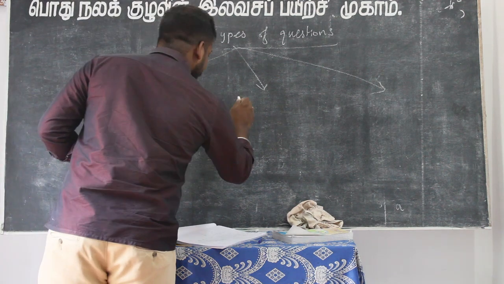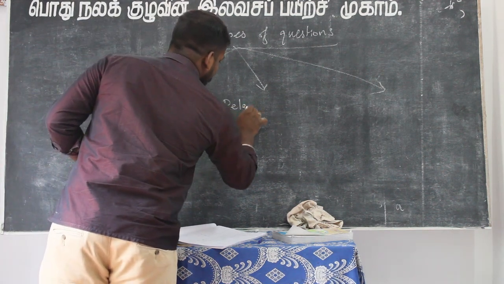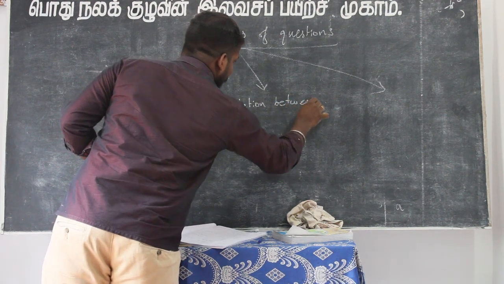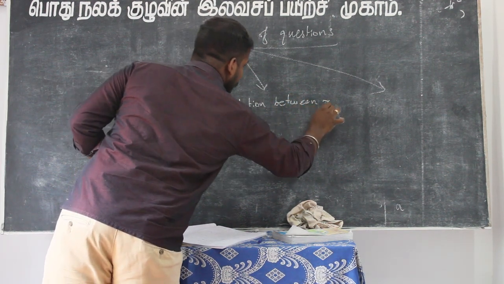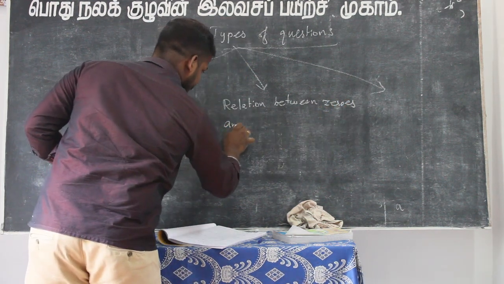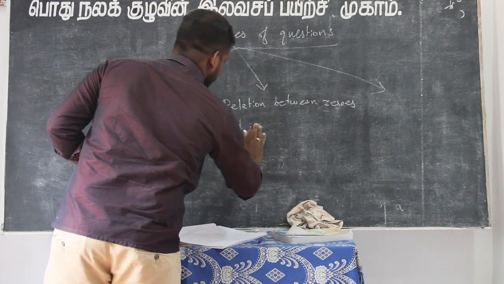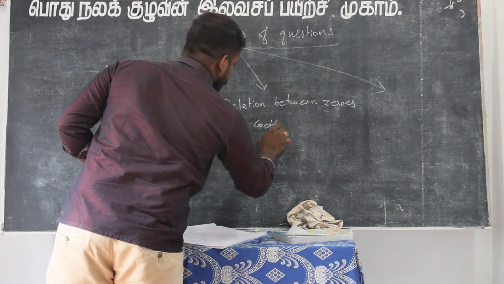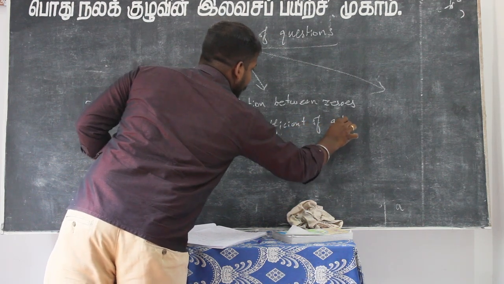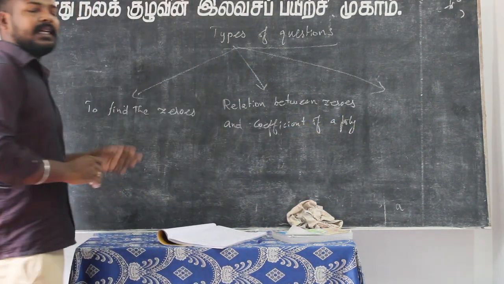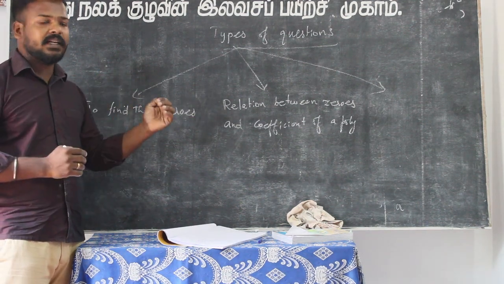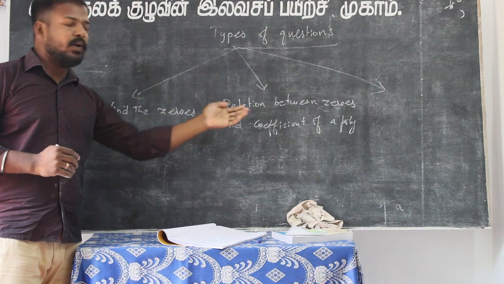Then second one, relation between zeros and its coefficients of a polynomial. So this is the second type. Last we derived that relation between the zeros and coefficients.